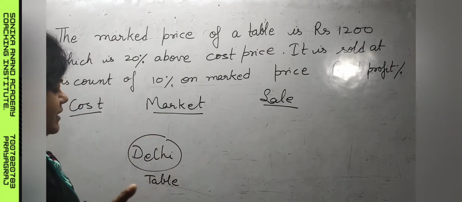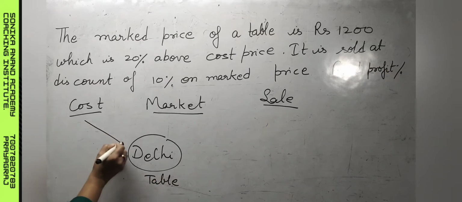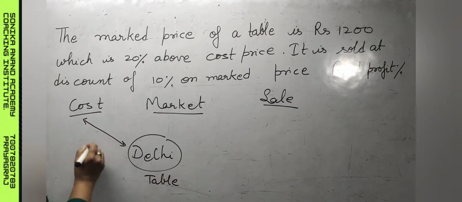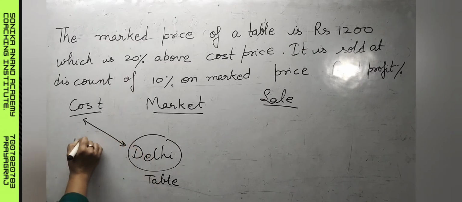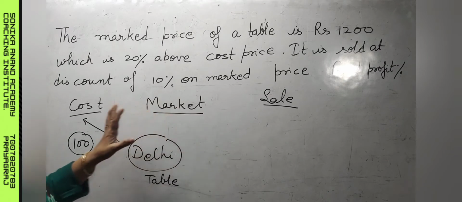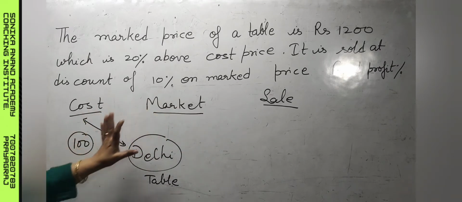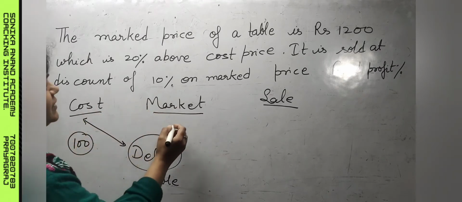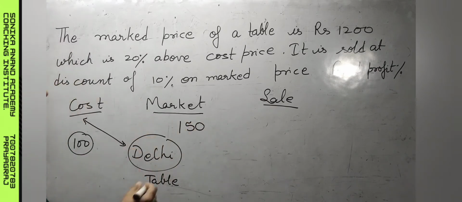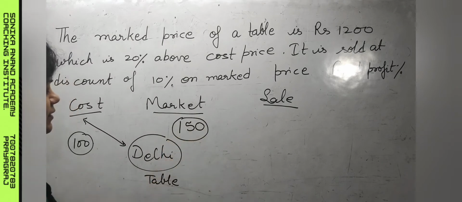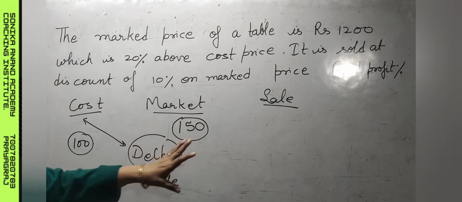He purchased the table, and that was the cost price for the shopkeeper, for example 100 rupees. After that, he comes to his shop and puts the price of the table, for example, 150. So this is the market price of the table assigned by the shopkeeper.